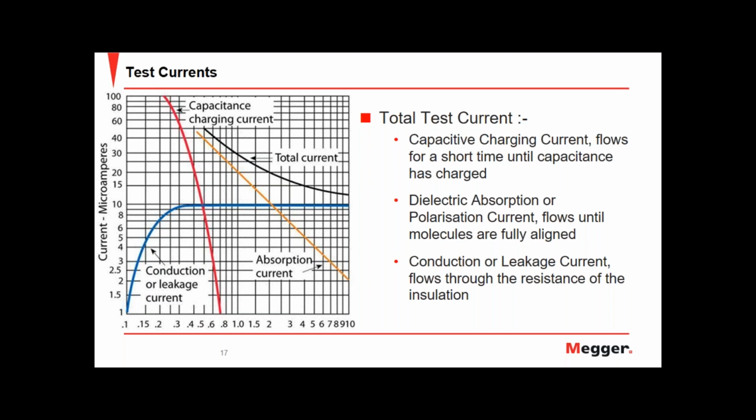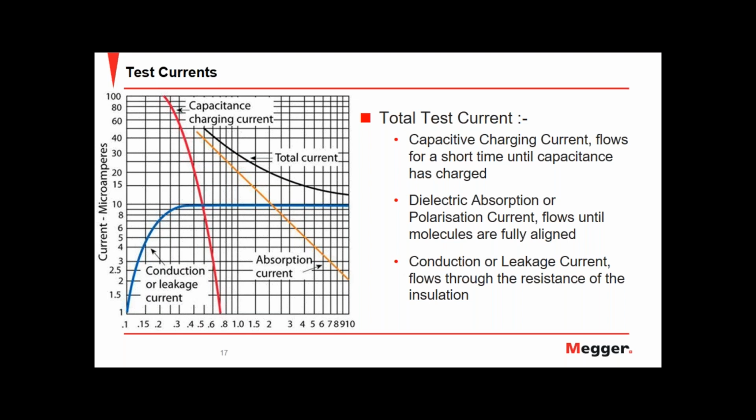On top of that, we have an absorption current or polarization current. As the material becomes more and more polarized, as we saw in our earlier example with the dipoles, this current also decays away. But this current takes much more time than the capacitive charging. And then finally, we've got the conduction, also known as the leakage current, not to be confused with surface leakage current, but nonetheless, it's also called leakage current.